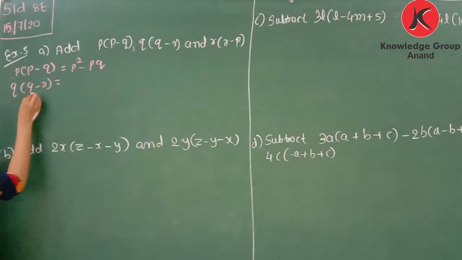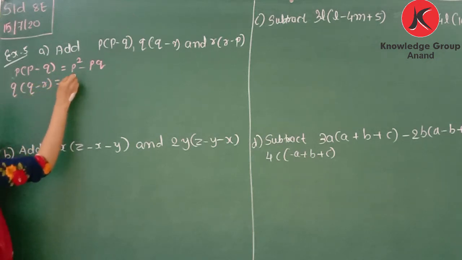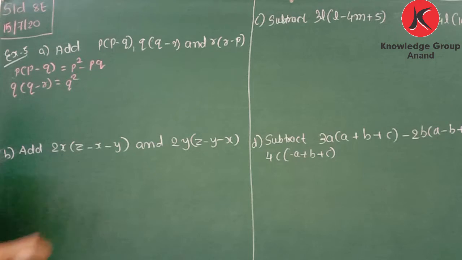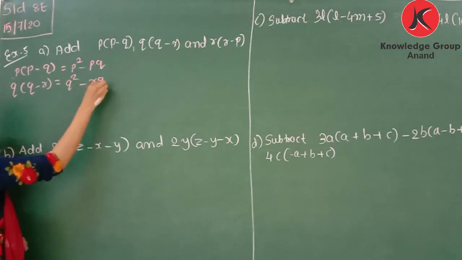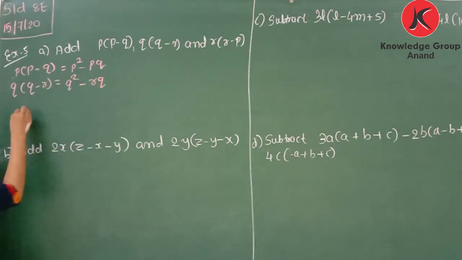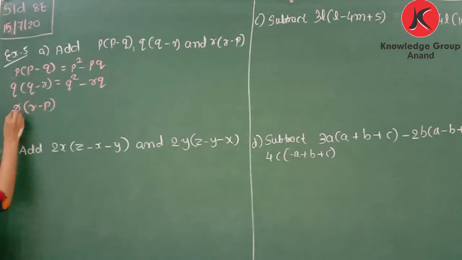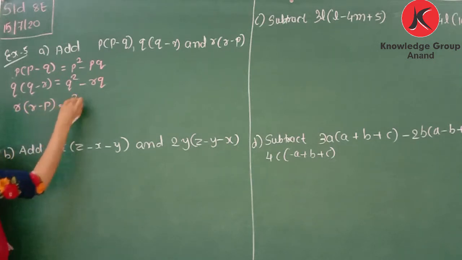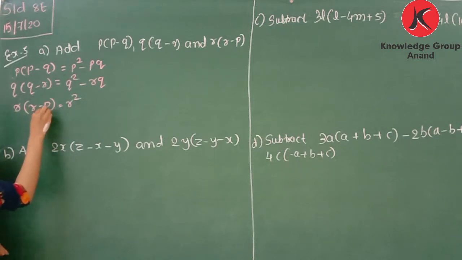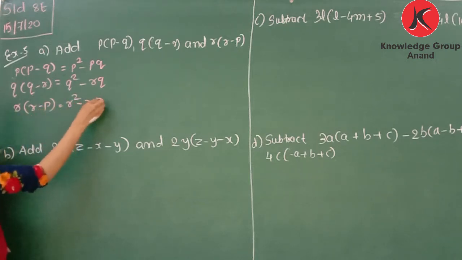So here q is multiplied with q become q square, and q is multiplied with r become qr. r into bracket r minus p. So here r is multiplied with r become r square, and r is multiplied with p become minus rp.